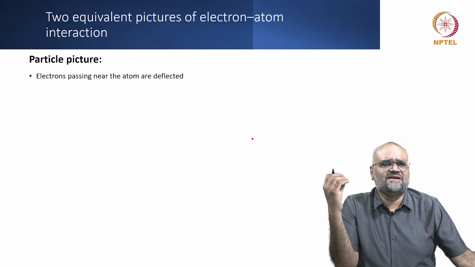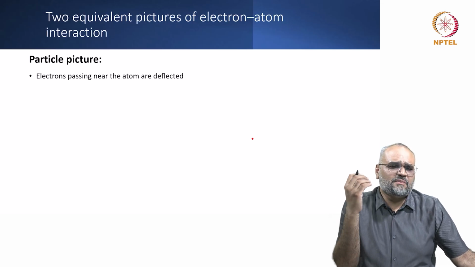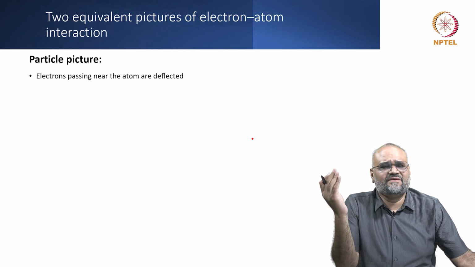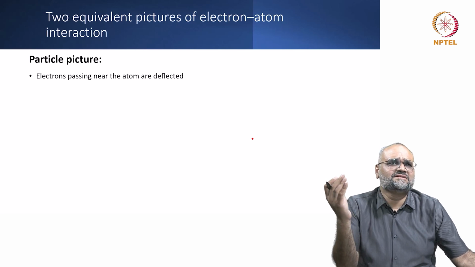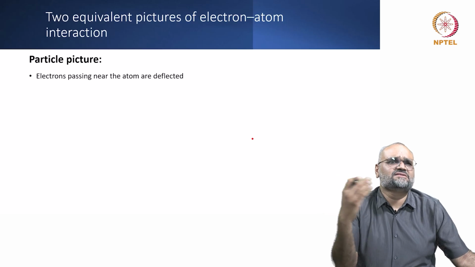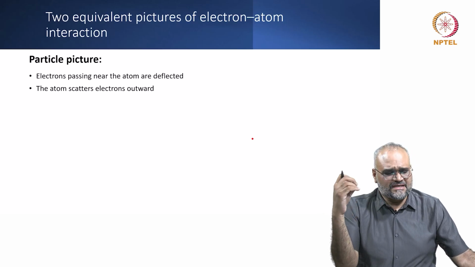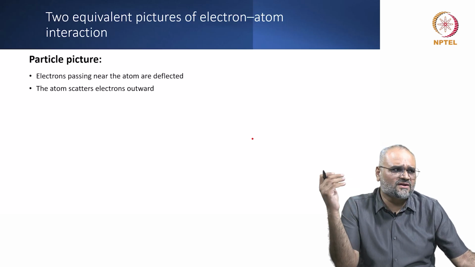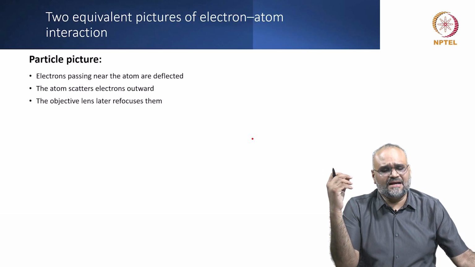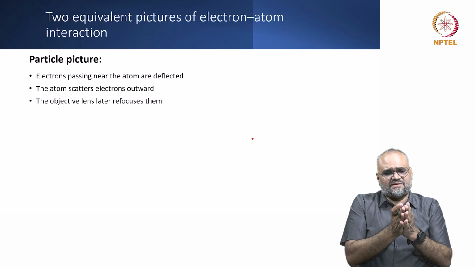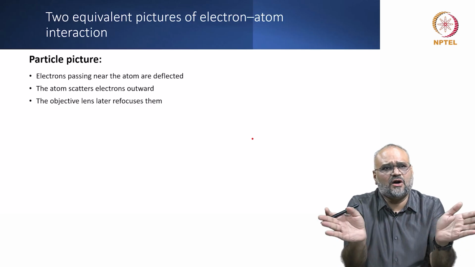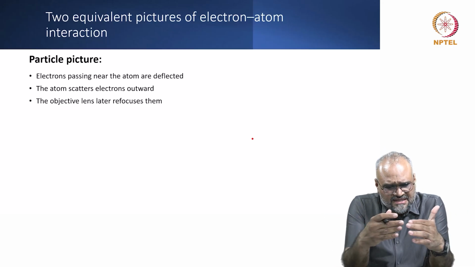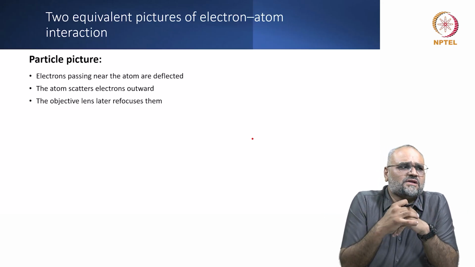There is a strong deviation in the path, and in typical electron microscopes, for elastically scattered electrons, we said it is a deviation of somewhere between 0 to 20 milliradians, and inelastically scattered electrons scatter at larger angles. The atom, we assume, is scattering outward. Based on this, the scattering cross-section theories have been built, and once these atoms scatter the electrons outward from the path of the electron beam, the objective lens refocuses them towards the back focal plane.